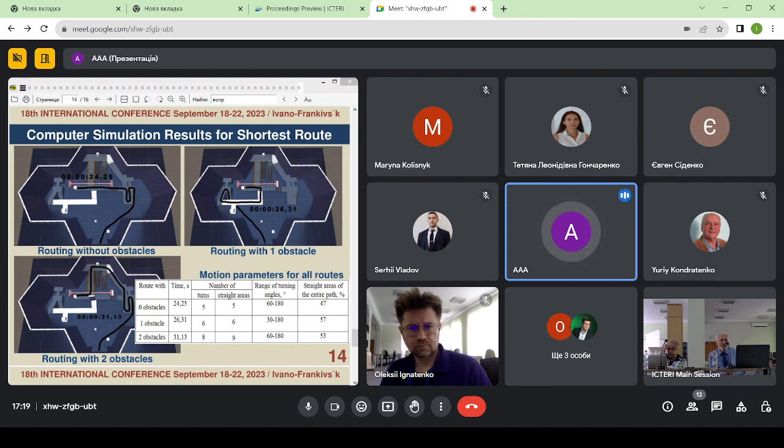Firstly, it's zero obstacles, then one and two obstacles, and on this map you can use three trajectories for moving around these obstacles.